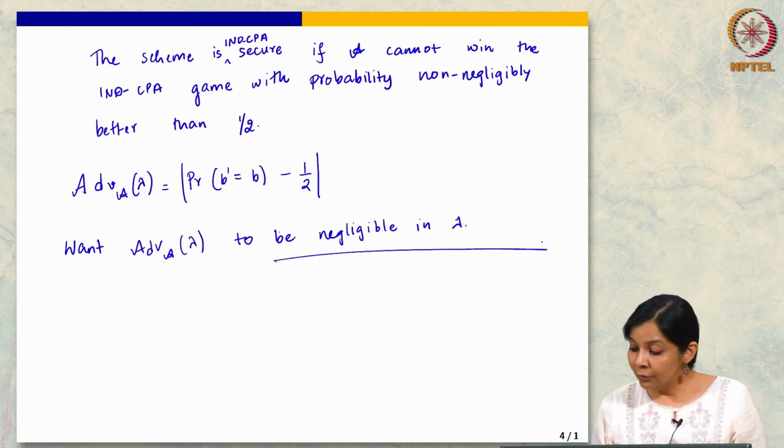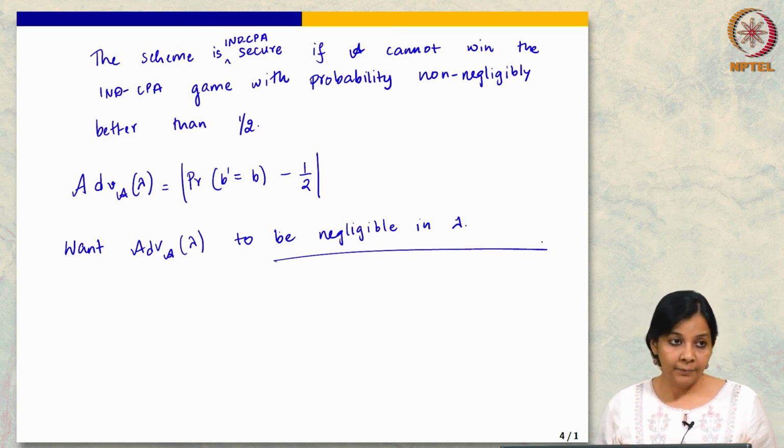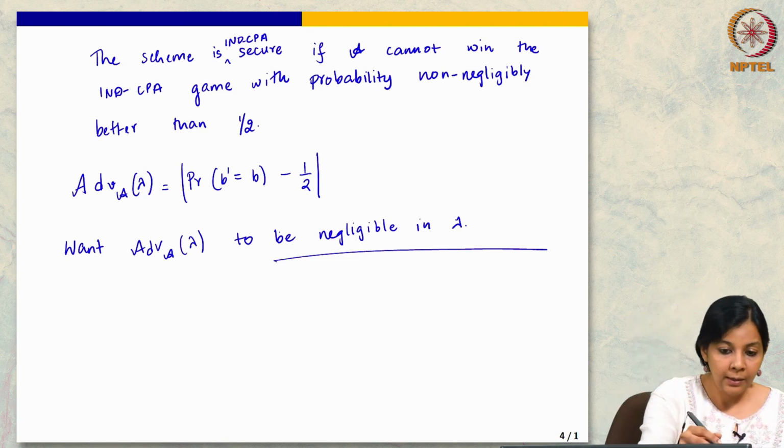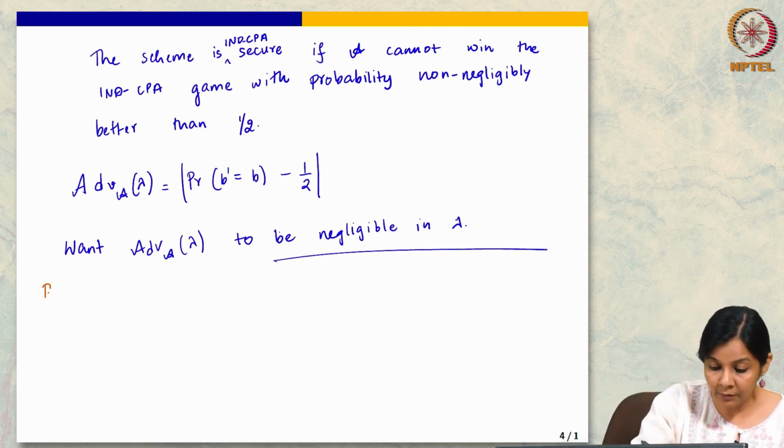Okay, good. So now let's construct PKE. We have defined PKE. Let's construct it from the decision Diffie-Hellman assumption and then also from the RSA assumption. Let me just restate what the decision Diffie-Hellman assumption is.